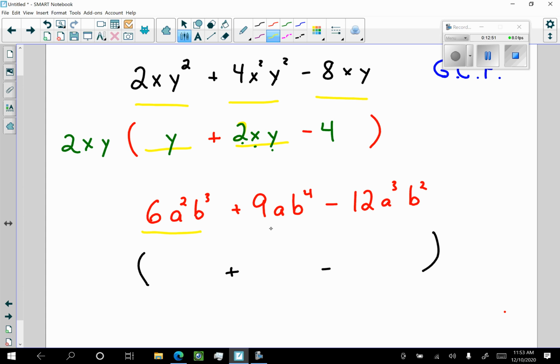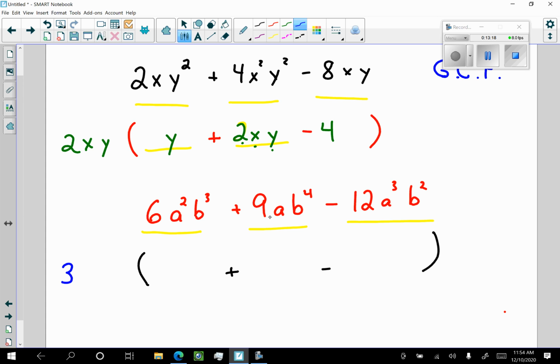Numerically, 6 is 2 times 3, 9 is 3 times 3, 12 is 3 times 4. So a 3 is common, and it's the greatest. 6 is a factor of 12, but not of 9.